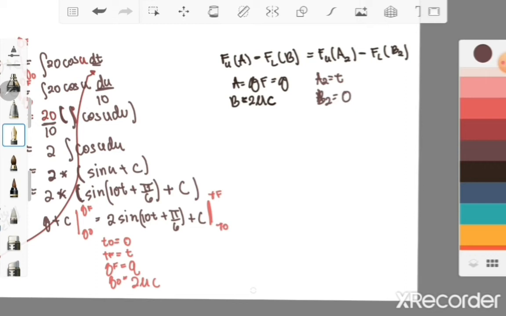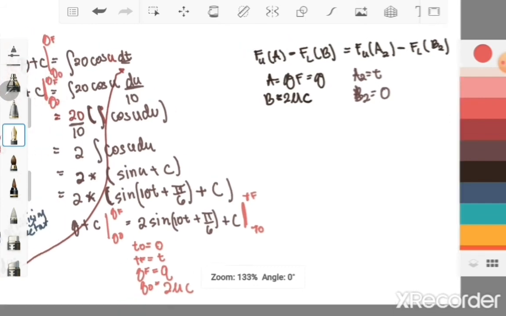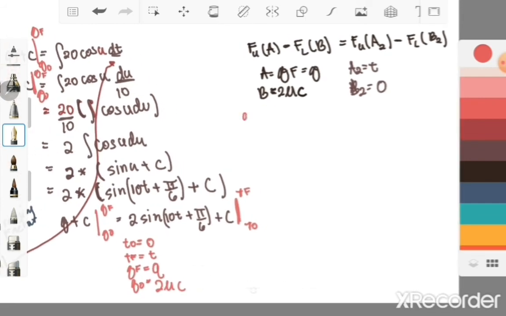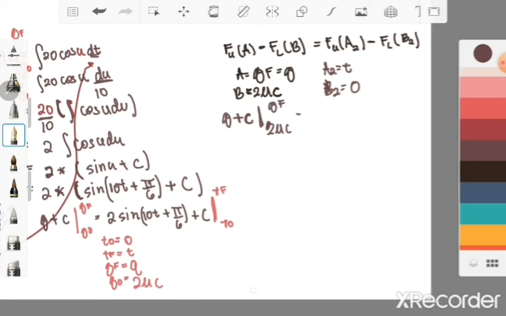So you will substitute these values into the equation. We have Q plus C from 2 microcoulombs to QF, which is equal to 2 sine of 10t plus pi over 6 plus C from T sub 0, or your 0, to TF.